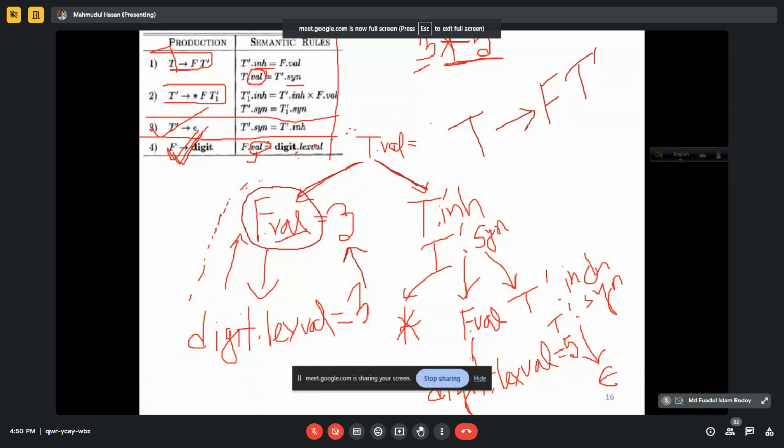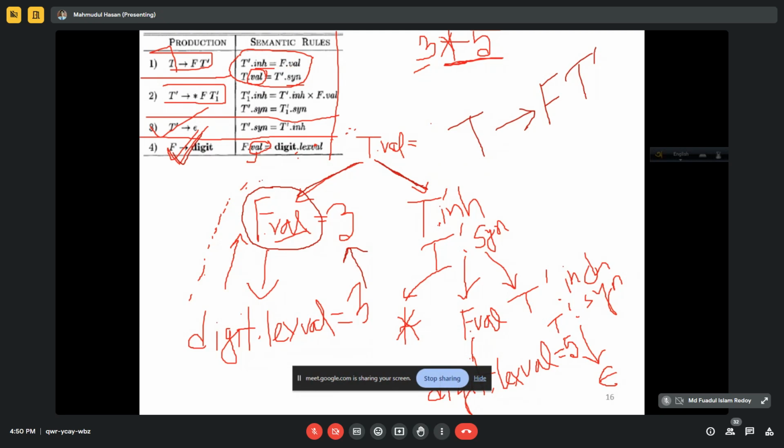Okay, so you need to consider T to F T dash, this production rule. If you consider this production rule, there are two semantic rules, and from the semantic rules we can get that T dash inherited value comes from the F value, and F is the sibling.